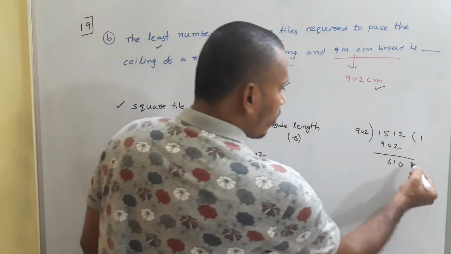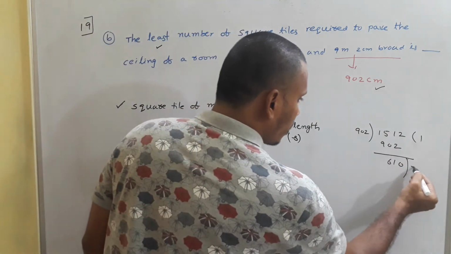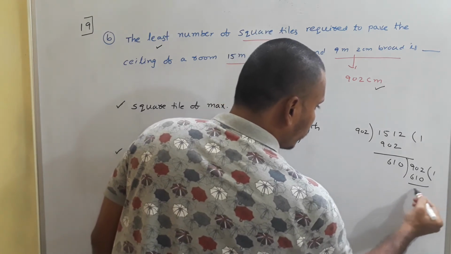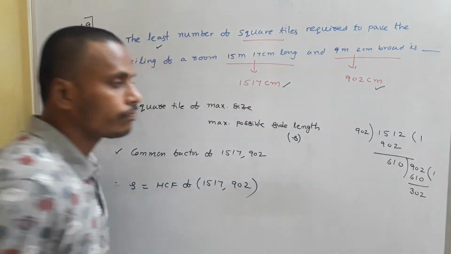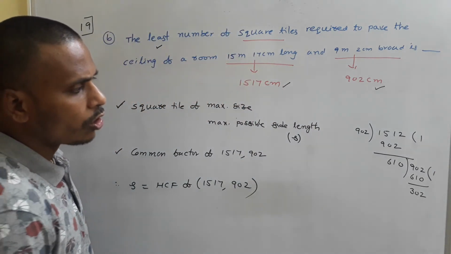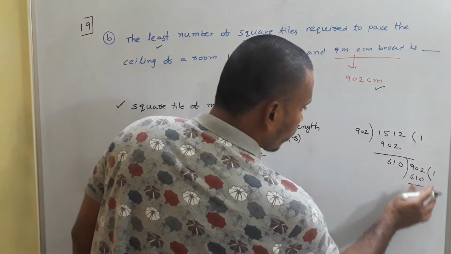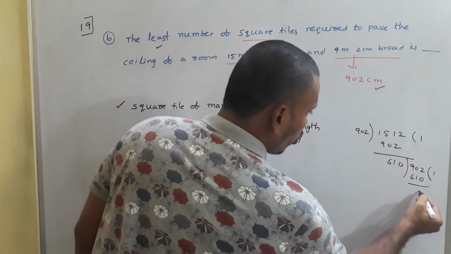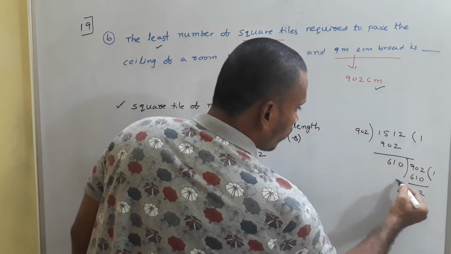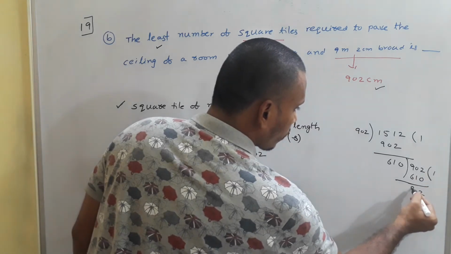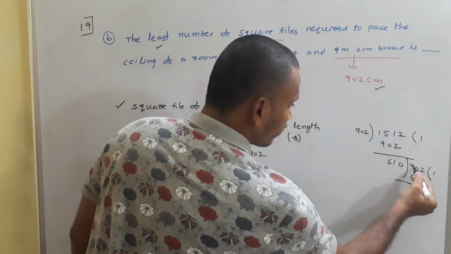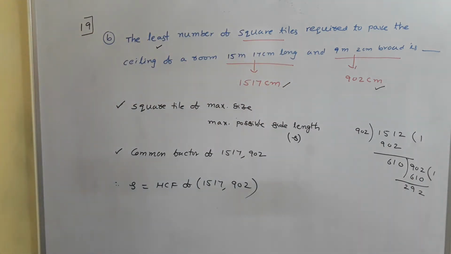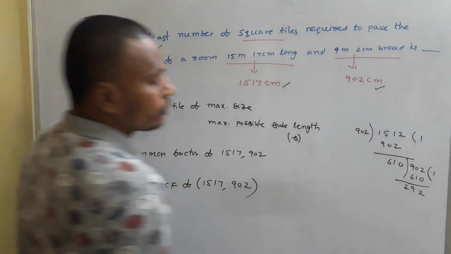Now use this 610 as divisor and 902 as dividend. 610 once is 610 and you will get 292.